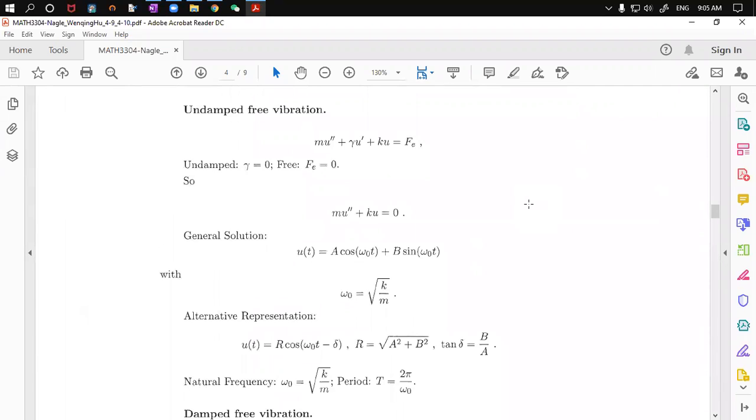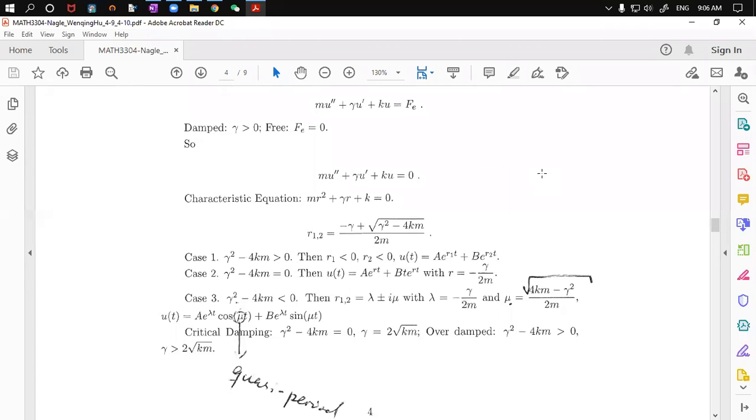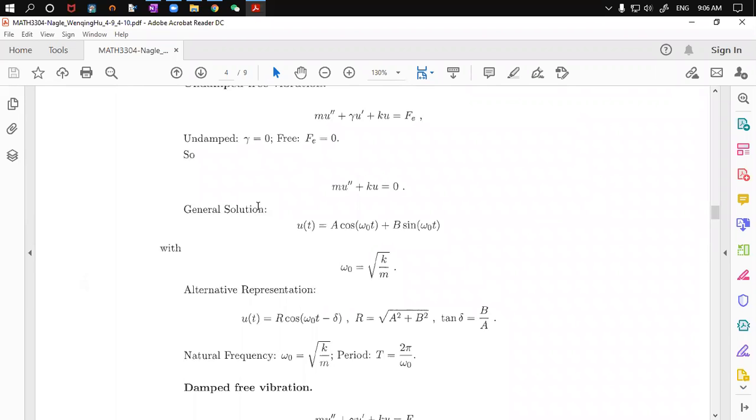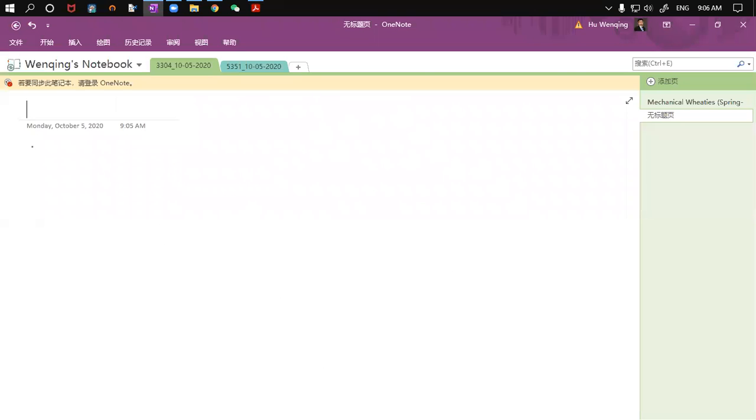And then with the mechanical vibration at hand, we've been talking about special cases. For example, if the system is undamped and it is free, so-called undamped free vibration, then you will be able to solve the corresponding equation.